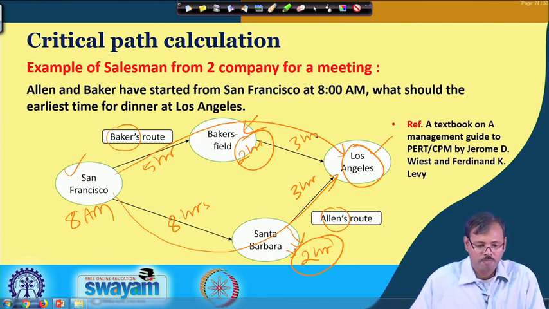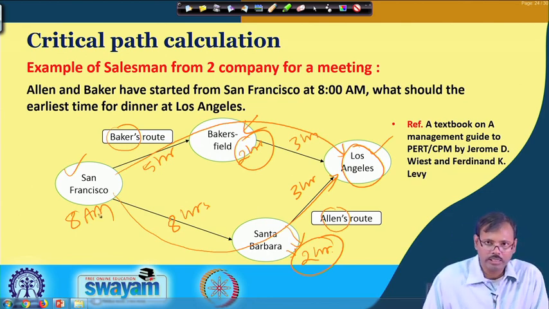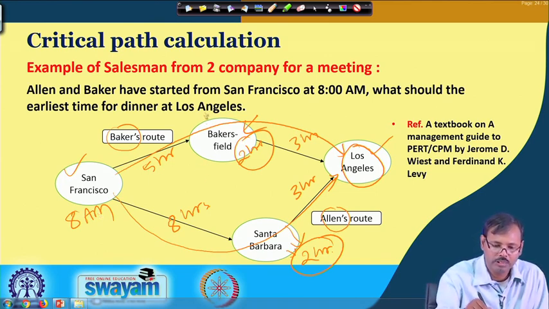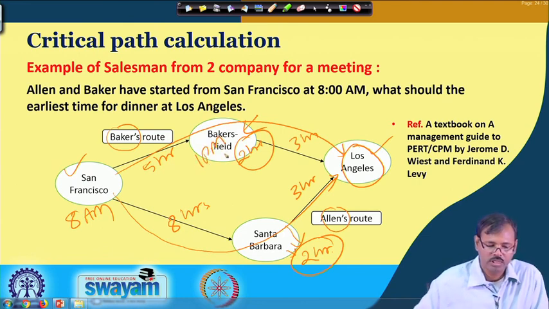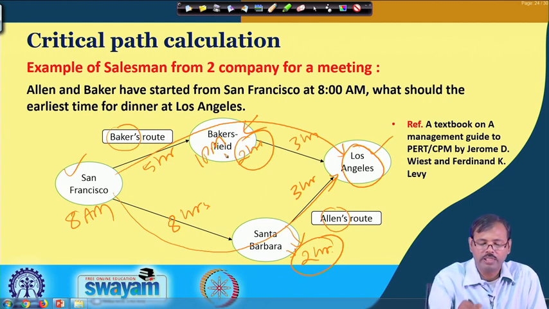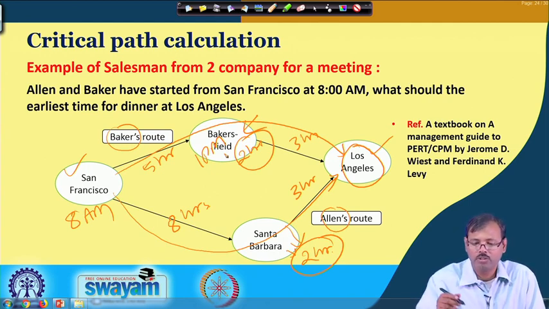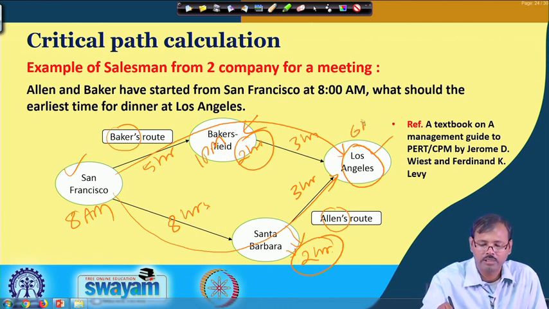So, starting at 8 a.m., Becker will reach Bakersfield in 5 hours, that means 1 p.m., and he will spend 2 hours there, that means he will start from Bakersfield at 3 p.m. and will reach Los Angeles at 6 p.m.